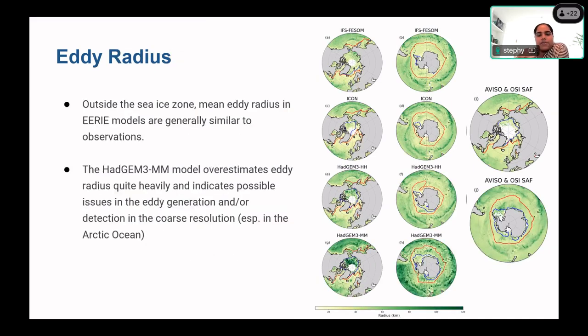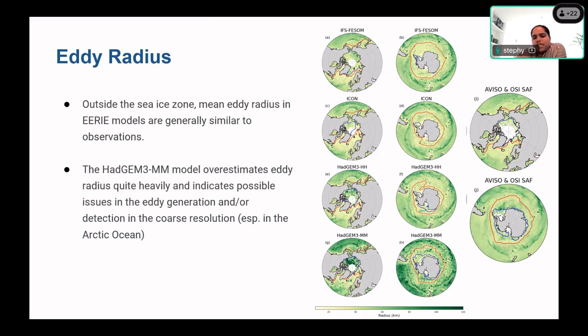Sorry, I might be going a little fast here, but hopefully you will be able to find this information in the deliverable as well. When we look at the eddy radius outside the sea ice zone, here in the previous figure as well, I'm marking the sea ice extent in the winter in red and summer in blue for the respective models and also for observation. So outside of the sea ice zone, the models tend to produce the eddy radius in good fidelity, or it's actually not too bad.